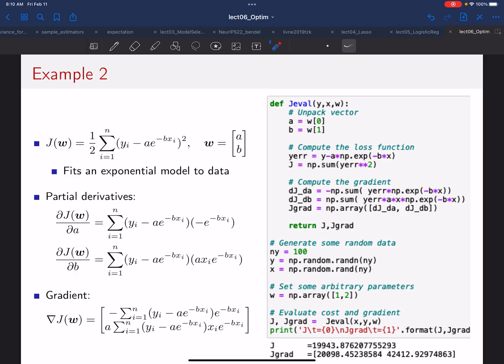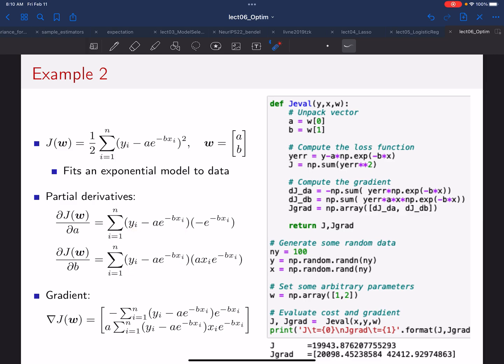Just to make things a bit more explicit, we first unpack the vector into a and b. Then actually, we want to try to code this in an efficient way. We don't want to repeat the same numerical things over and over. So if you look at these two components, you can see that they share some similar terms. They both have this.